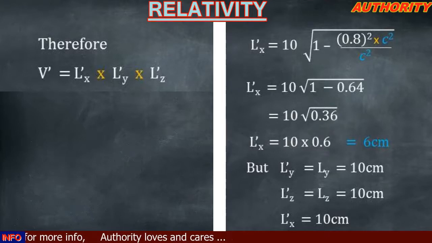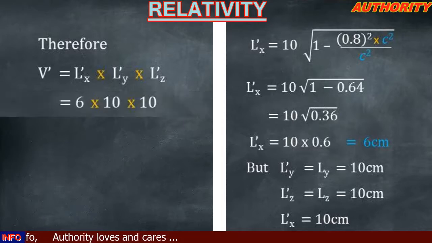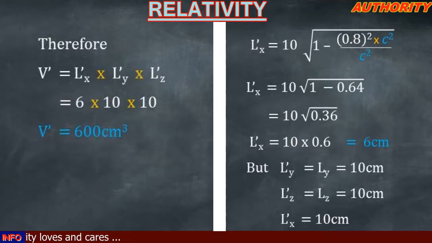So we simply call it L prime subscript x times L prime subscript y times L prime subscript z. Here we have 6 times 10 times 10. So 6 times 10 is 60. 60 times 10 is 600. So here the volume measured by the observer in motion, v prime, is equal to 600 cm cube.